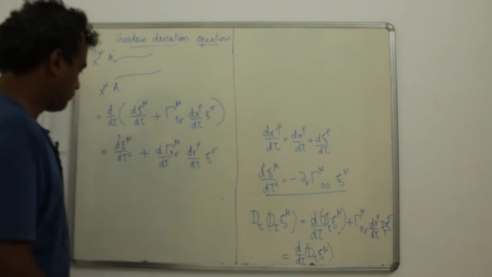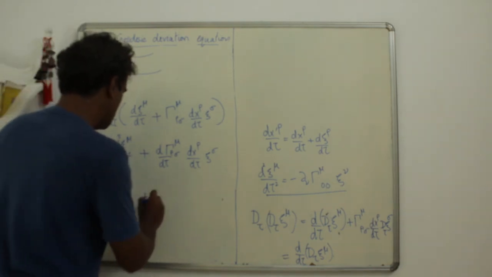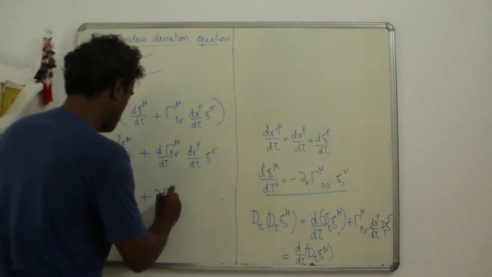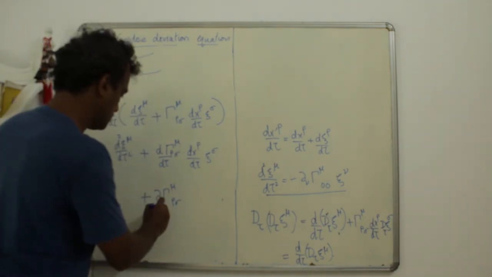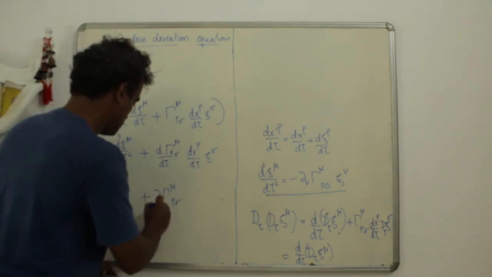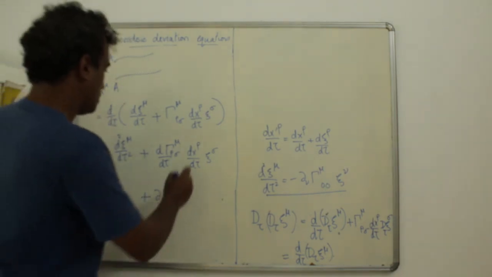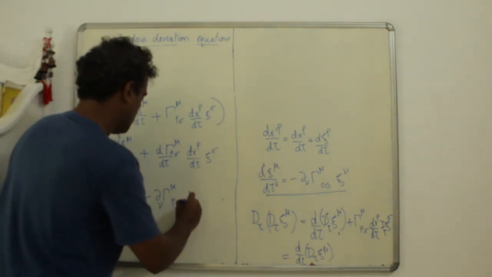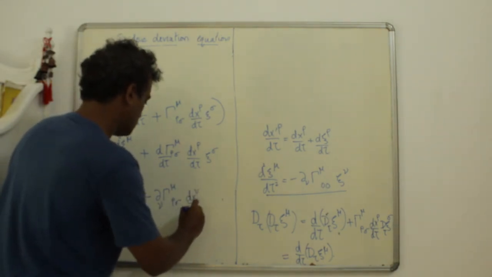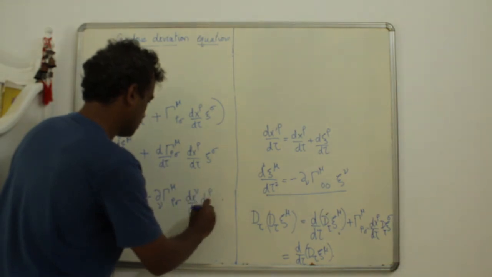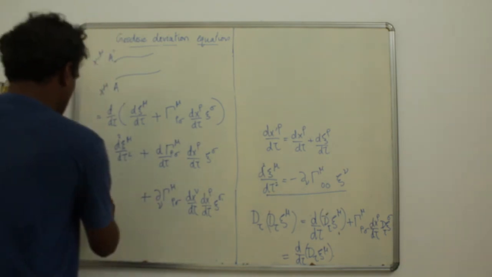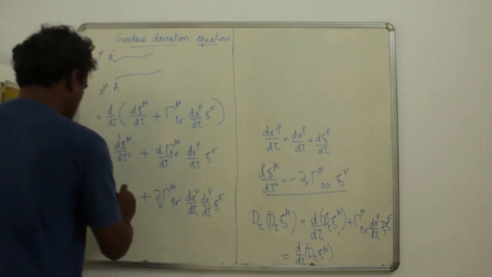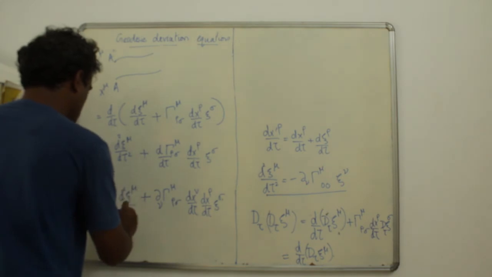Now this derivative can further be written down as a derivative of gamma mu rho sigma with respect to coordinate x nu, multiplied by dx nu by d tau into dx rho by d tau times psi sigma, plus the first factor, which is d square psi mu by d tau square.